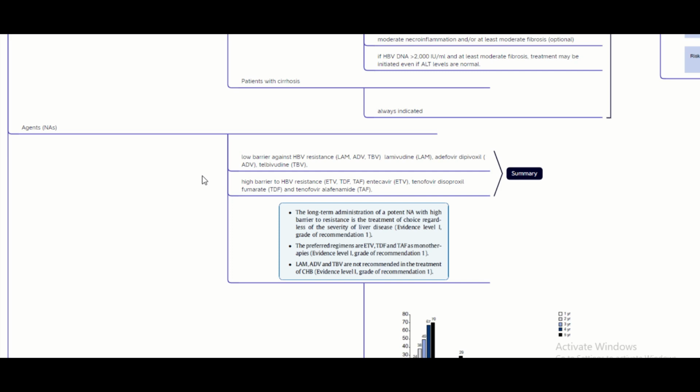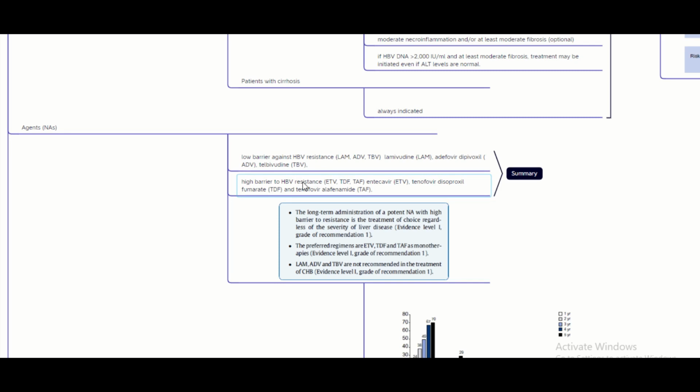But if our patient starts having resistance or starts having failure of his drug regimen, then we should always switch him to high barrier to resistance drugs. These drugs are lamivudine, adefovir, and telbivudine. Usually on the packages and in scientific papers, we will see them as LAM, ADV, and TBV.